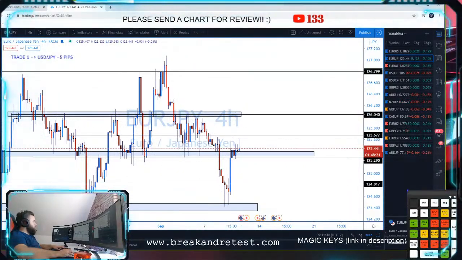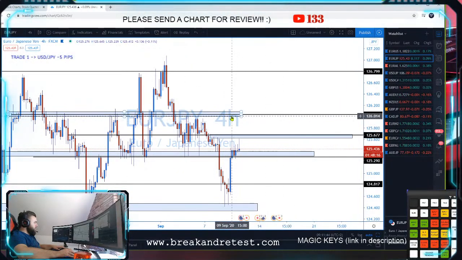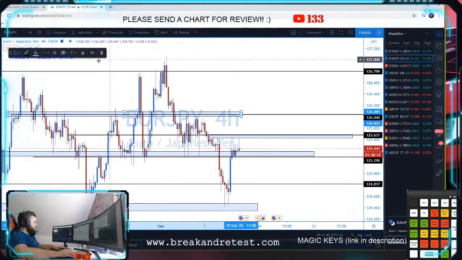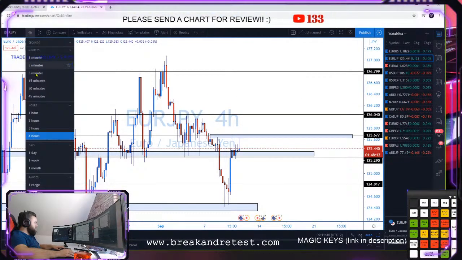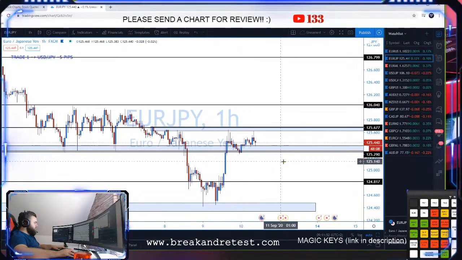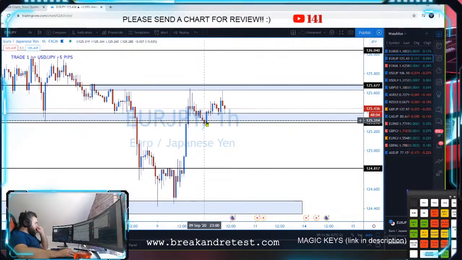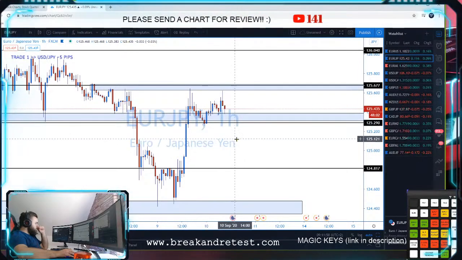We have a small resistance up here too. EJ has too many zones in between, so it's going to be a little bit complicated to trade it. I would like to take the retest when it happened, but it didn't happen.